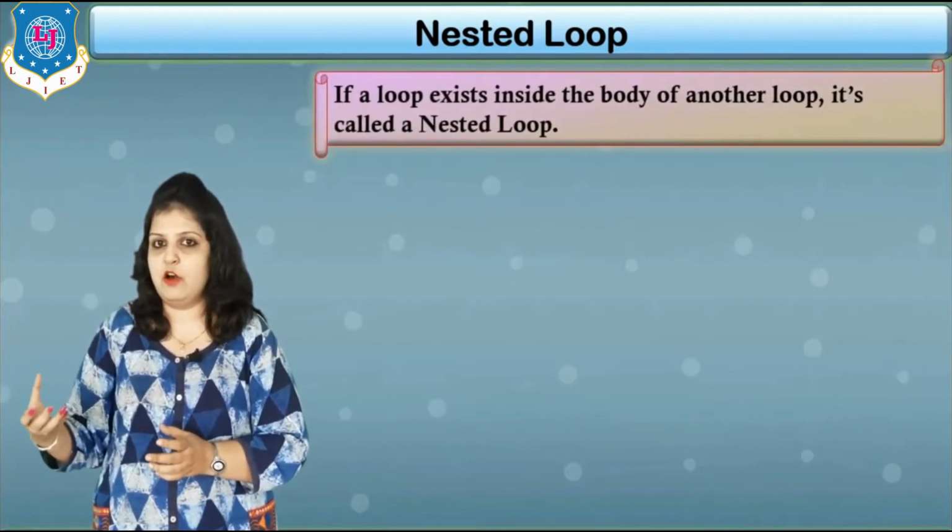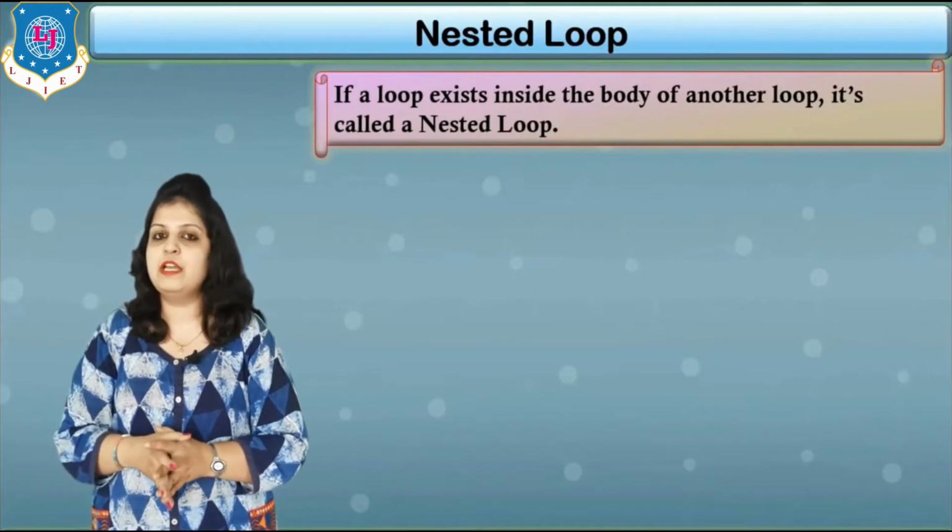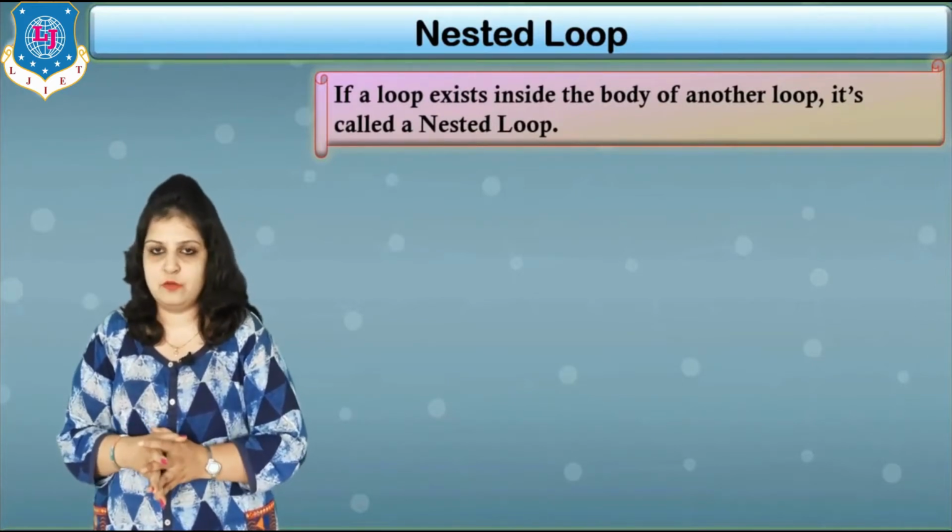And today we have to learn the topic nested loop. In a nested loop we write one loop inside another loop. What is the use of nested loop? When we want to do operations on a table or matrix, we can use the concept of nested loop.